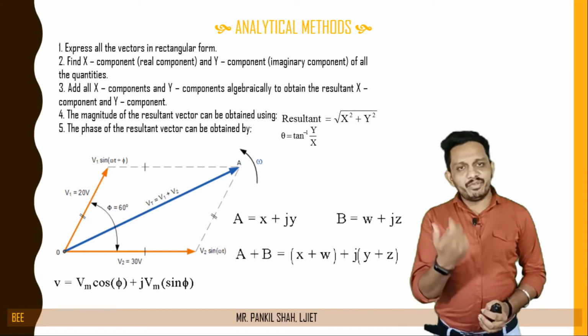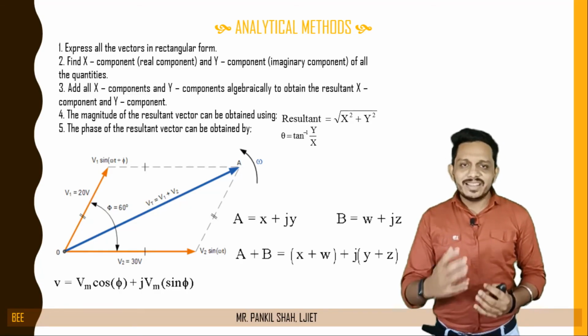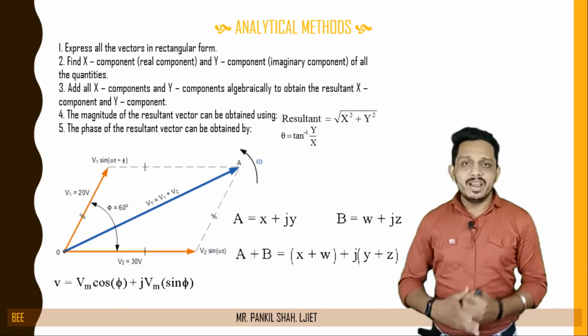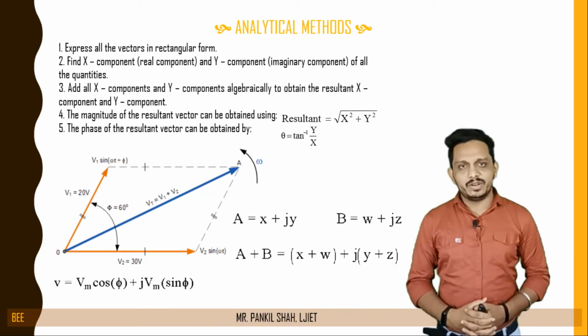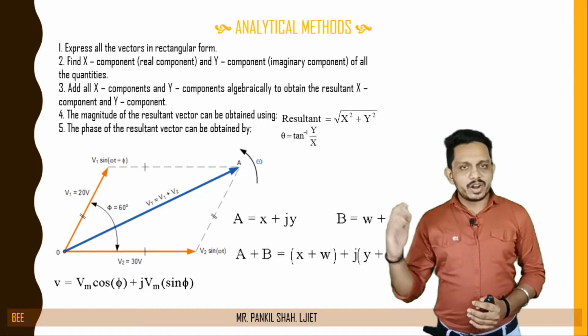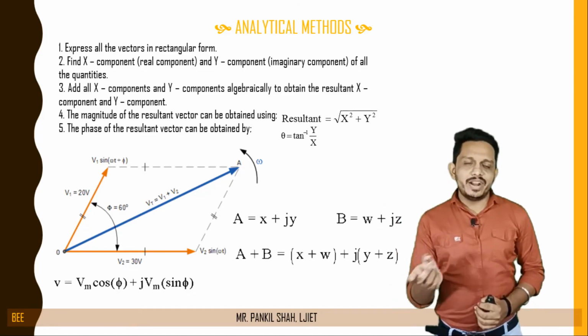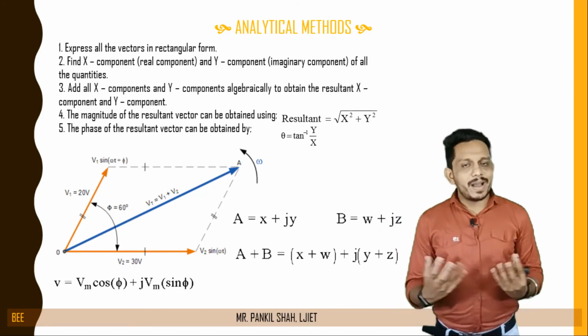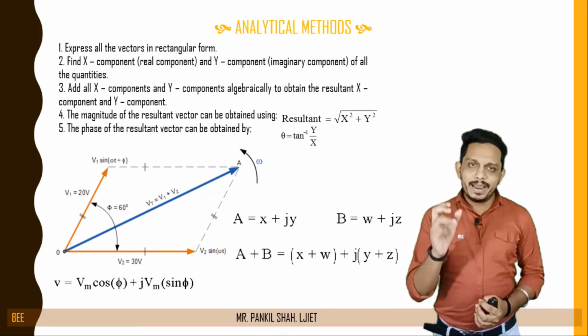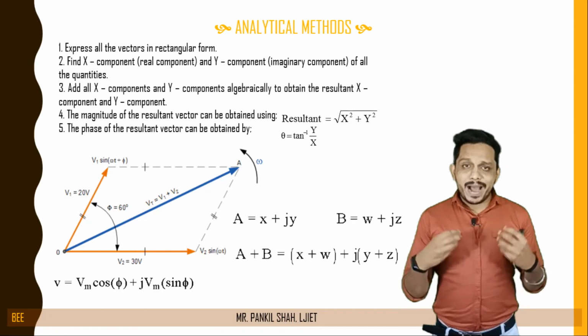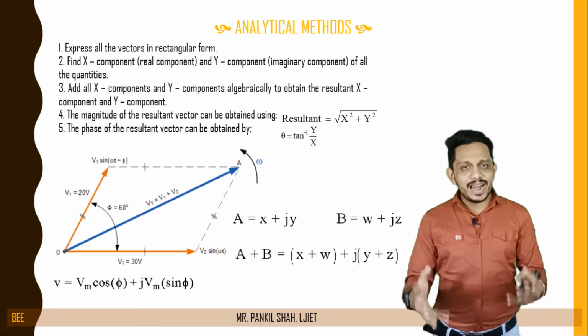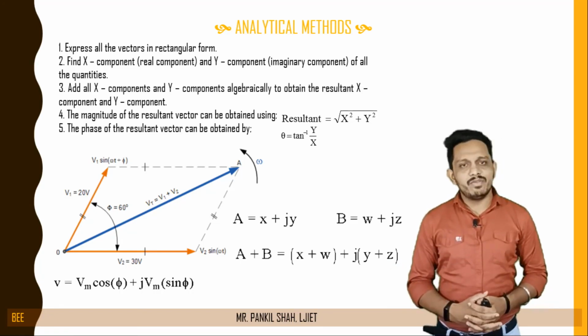If you want to find the phase angle of your resultant quantity, it can be found by this formula: theta equals tan inverse of y component divided by x component. The y component and x component we already found, and tan inverse you can do. So in this manner you can get the magnitude as well as the angle of your resultant vector by just calculating the values. No need to draw any vectors.